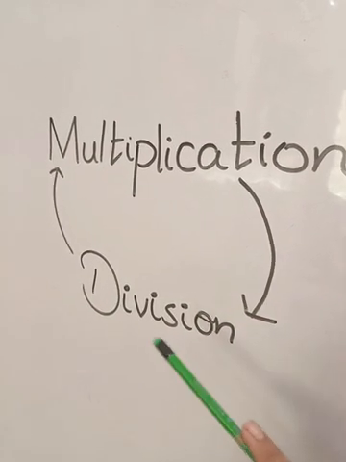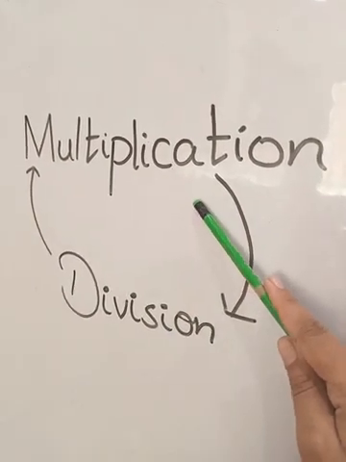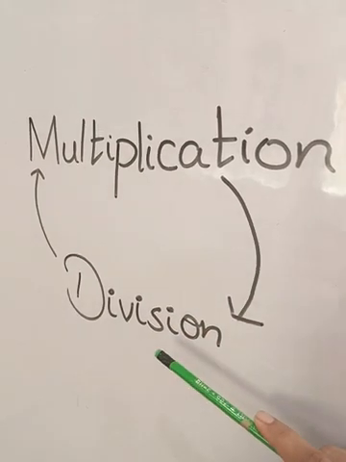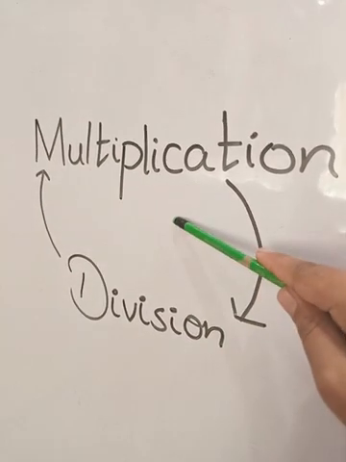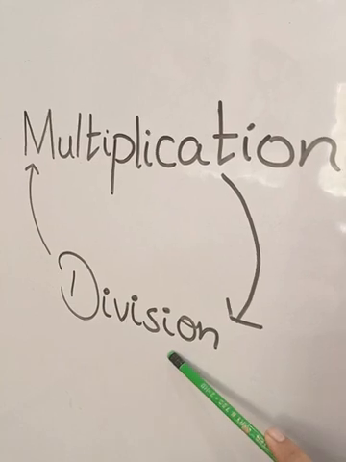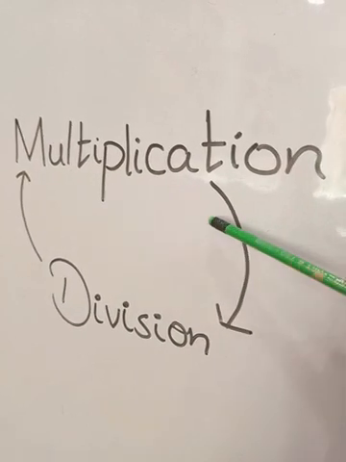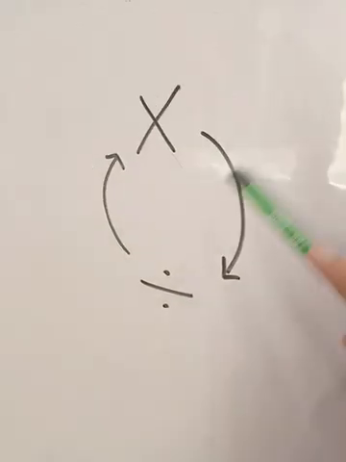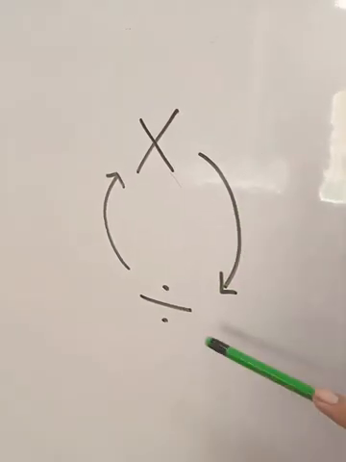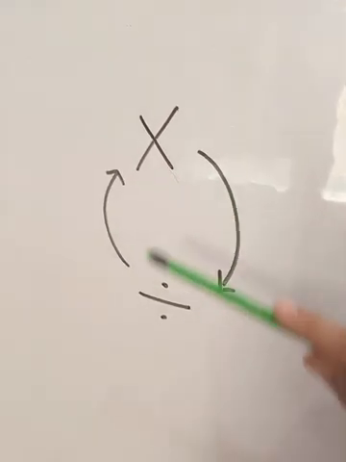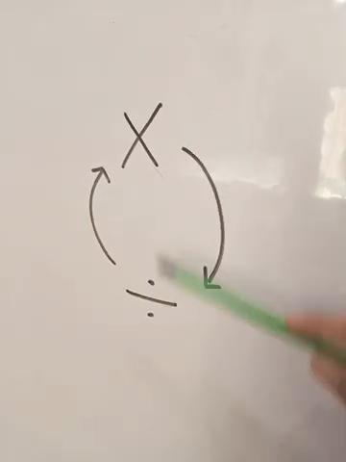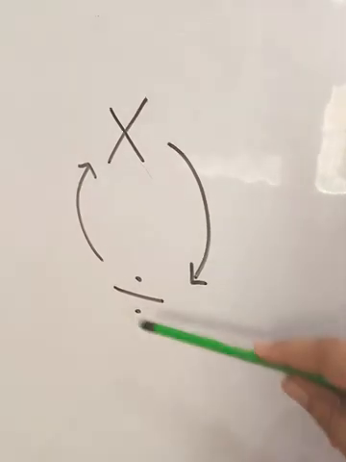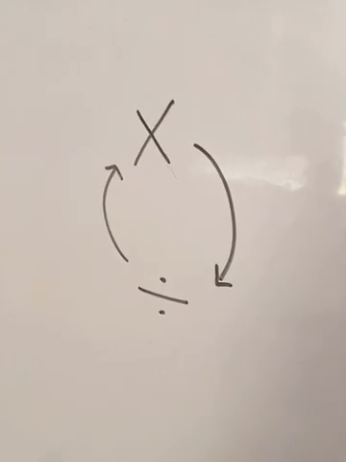It means that if we do the multiplication, then we will do the division to check our answer, and if we do the division, we will do the multiplication to check our answer. Remember these signs, students. Okay?